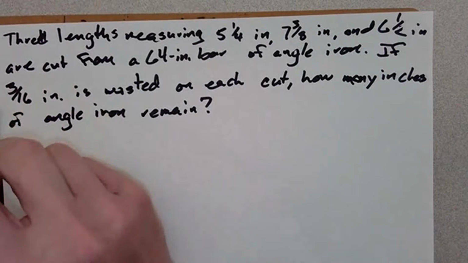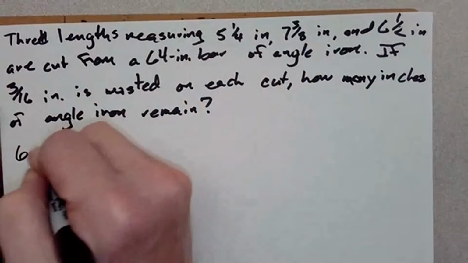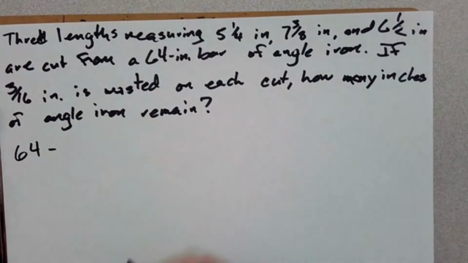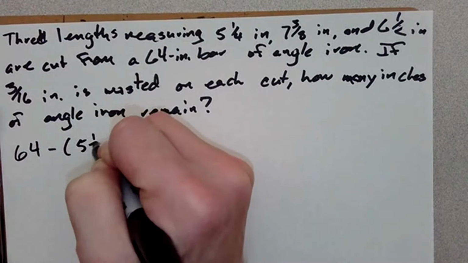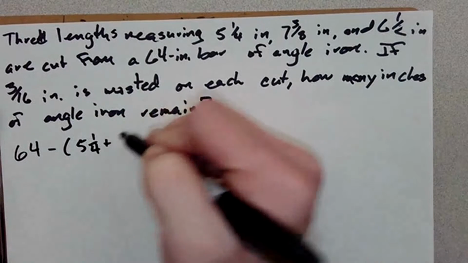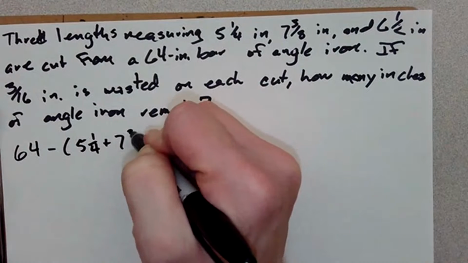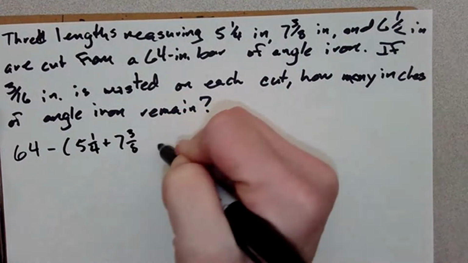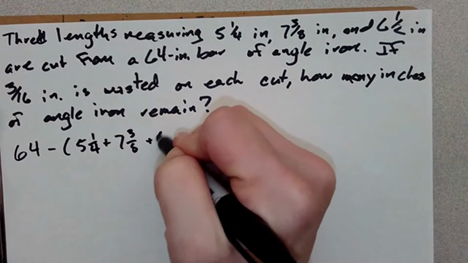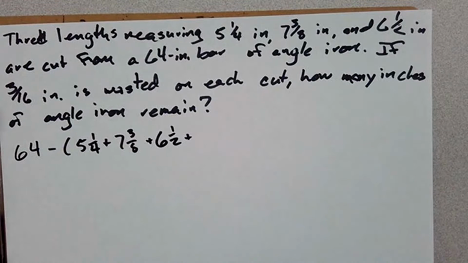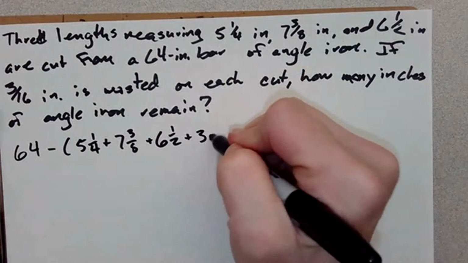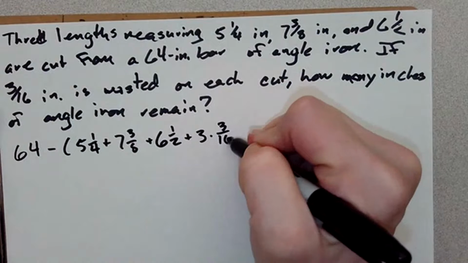Okay, so we've got 64 inches of angle iron. We're going to take away from that 5 1/4 plus 7 3/8 plus 6 1/2, plus we've got to make 3 cuts. So that's 3 times 3/16, which is 9/16.